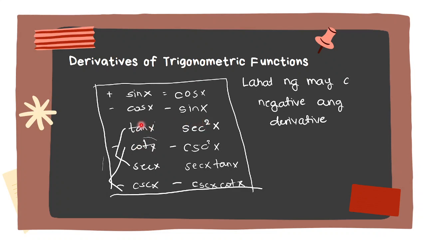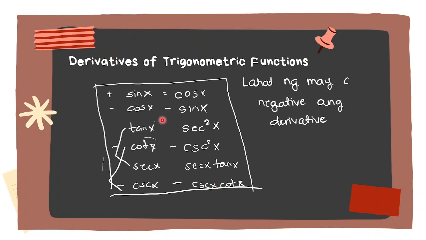So, basically, si tan x, ang derivative niya, which is yung partner niya, sec x, so sec squared x. Cot x, partner niya cosecant x, so cosecant squared x. However, dito sa secant at cosecant, you need to partner it with tan x. So, copy sec x, multiply nyo lang sa tan x. Cosecant x, ang partner niya ay cotangent x. So, just copy and you will get cosecant x cot x.